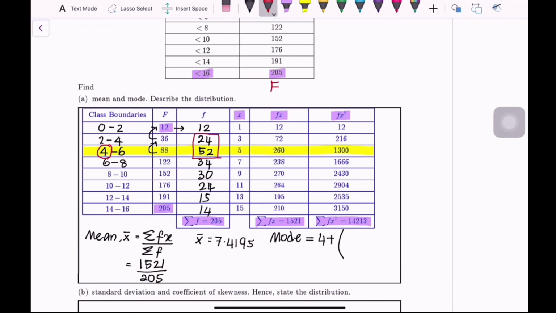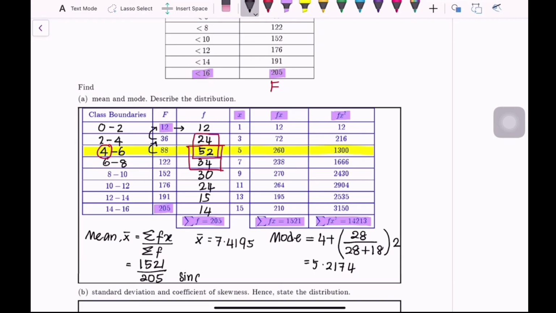So 52 minus 24 is equal to 28, over D1, which is 28, plus D2, the difference between the frequency of the modal class and the class after. So 52 minus 34 is equal to 18, times C, which is 2. So the mode is equal to 5.2174.